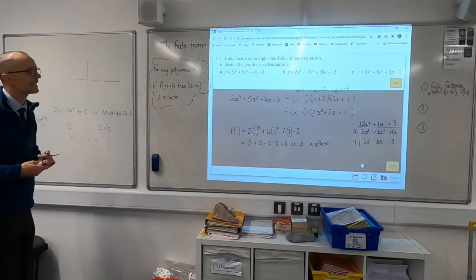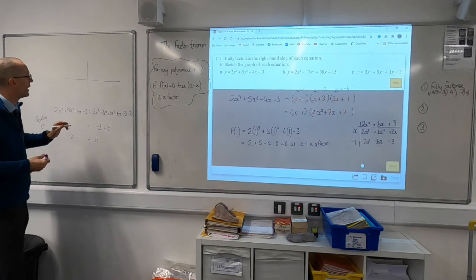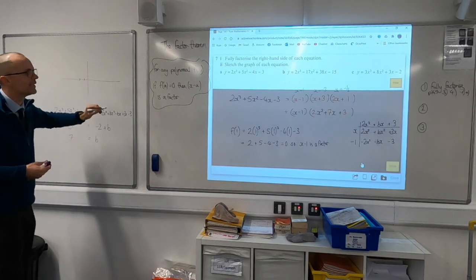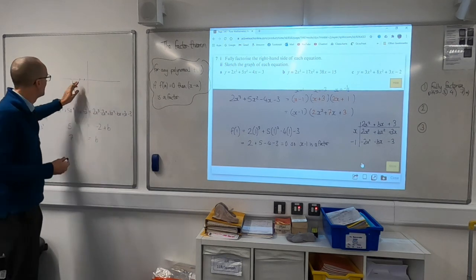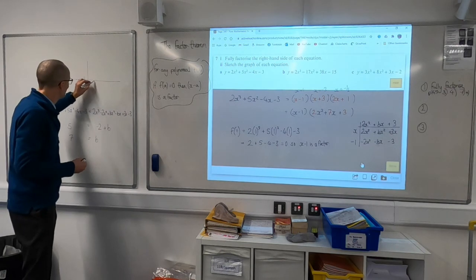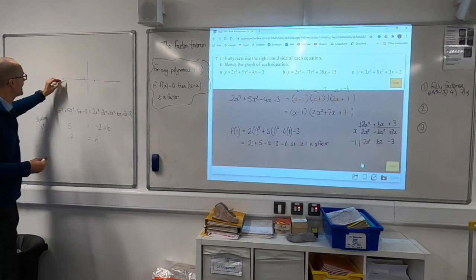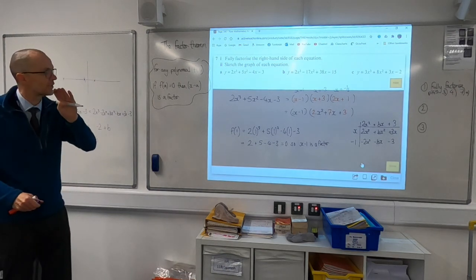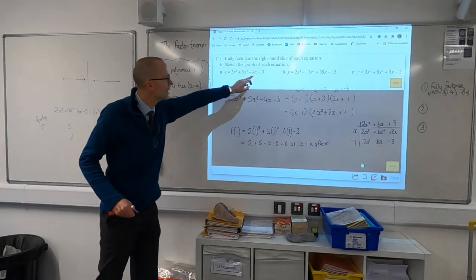So it crosses the x-axis at 1, -3, and -1/2. I also know that when it crosses the y-axis, I just ask what do I get when x is 0? -3.